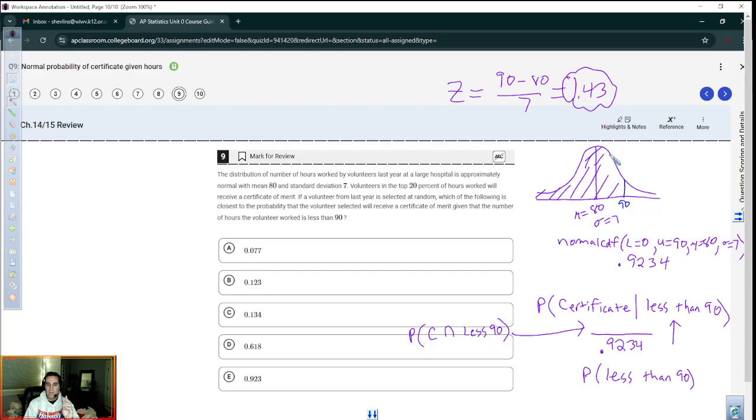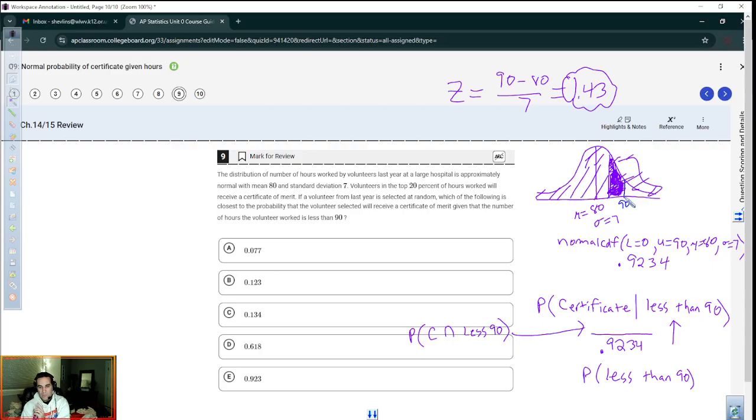They told you certificates are top 20%. So that means this part, 20%. These are the people in this dark area right here that are getting a certificate and are less than 90 hours. These are the people that are less than 90 and are in the top 20%.